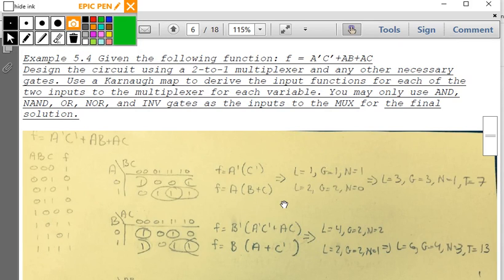Design the circuit using a 2-to-1 multiplexer and any other necessary gates. Use a Karnaugh map to derive the input functions for each of the 2 inputs to the multiplexers for each variable. You may only use AND, NAND, OR, NOR, and invert gates as the inputs to the multiplexer for your final solution.